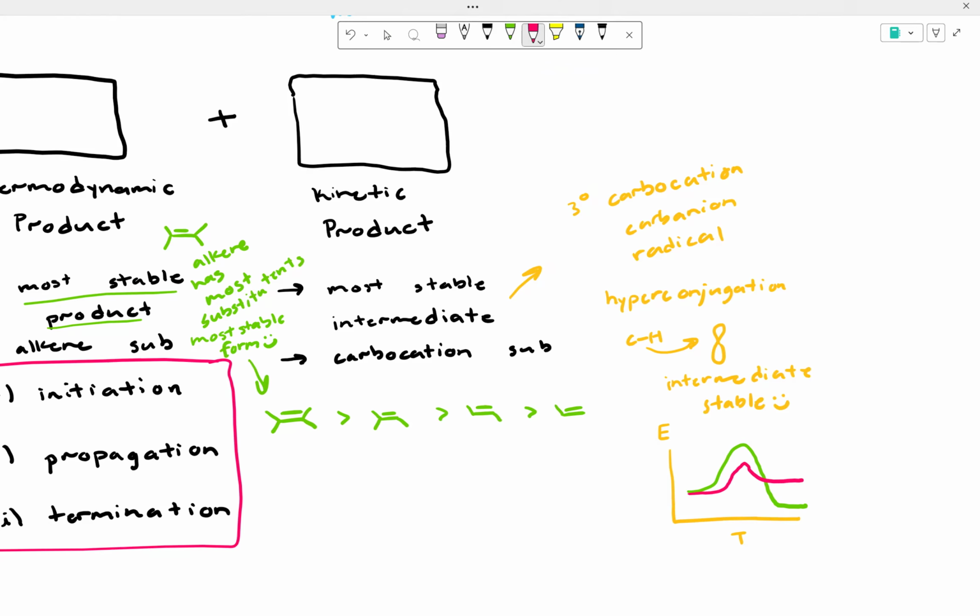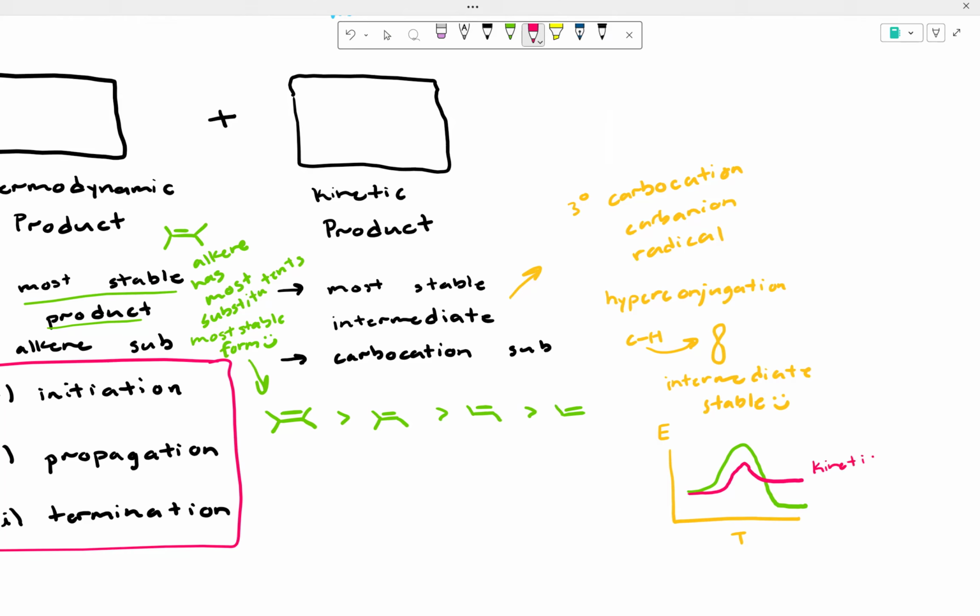If you have a reaction, right? Rather, you have these two reactions going on. The question is, which reaction is going to happen faster? It's going to be the pink one, the kinetic product.